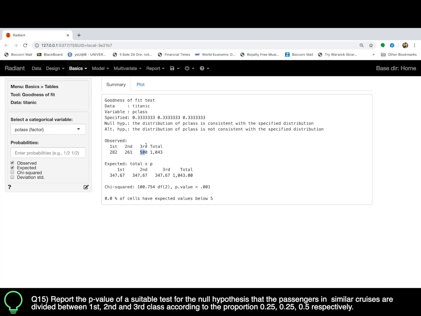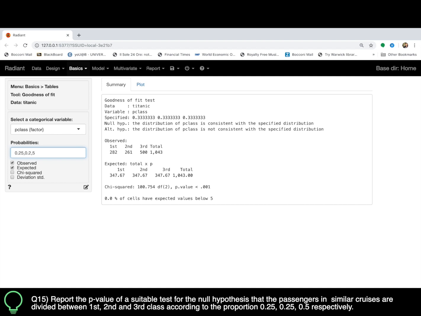If the passengers were equally distributed among the three classes, we would have 347.67 passengers per class. But this is not our null hypothesis. Our null hypothesis is that in the first class there are 25% of the passengers.